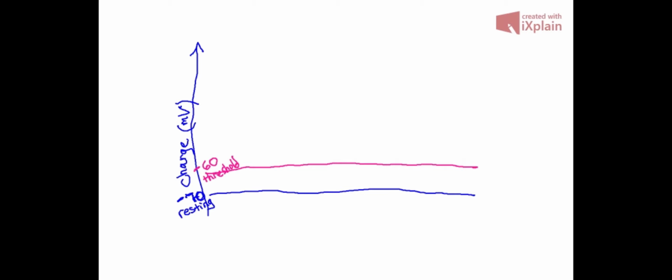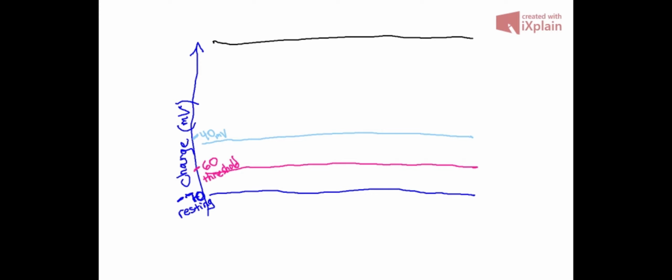And then up here is negative 40, and that's not really called anything. It's just negative 40 millivolts. And then way up here at the tippy top is going to be positive 30 millivolts.